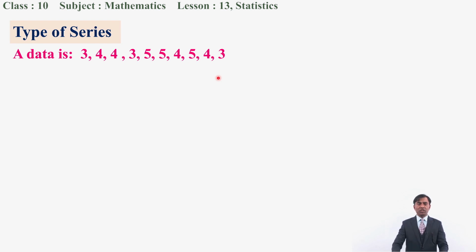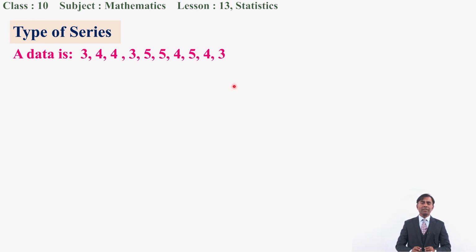One child's age is 3 years, another child 4, another 4, another 3 years, another 5 years, another 5 years. How many children's ages are we asking about? 1, 2, 3, 4, 5, 6, 7, 8, 9, 10.